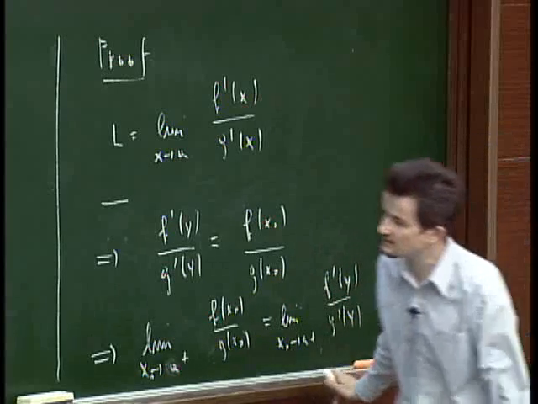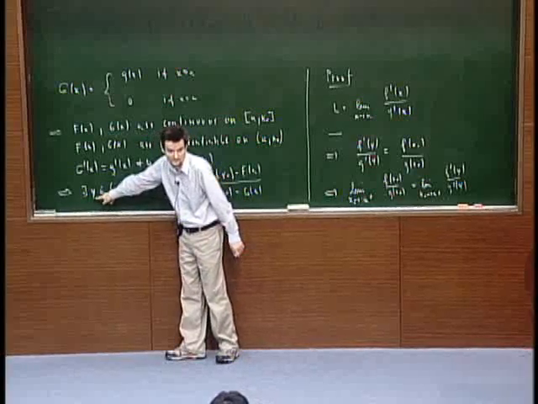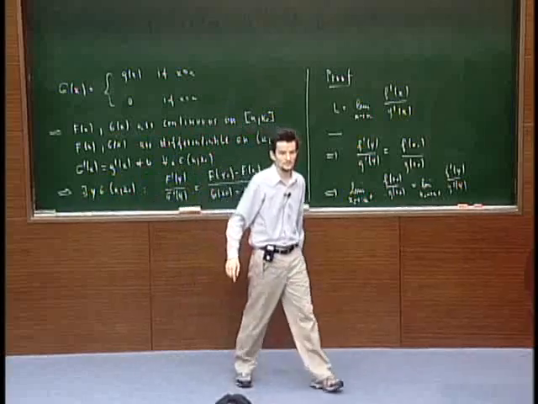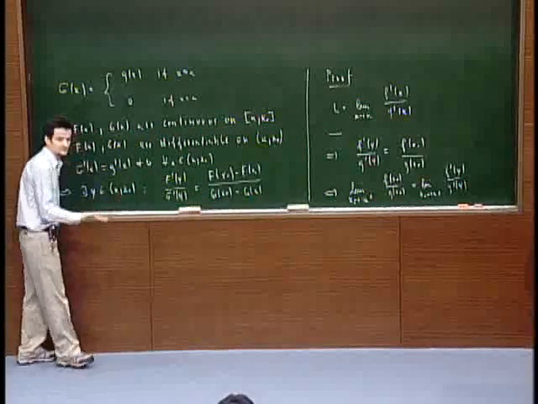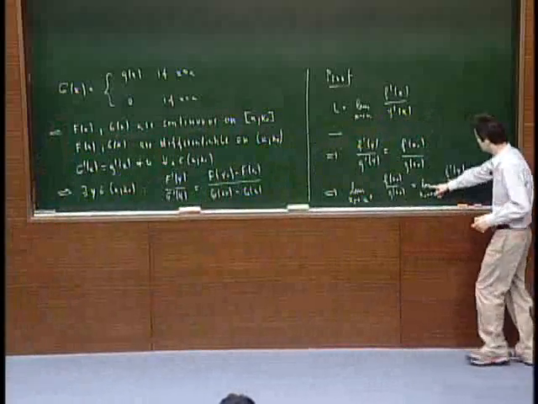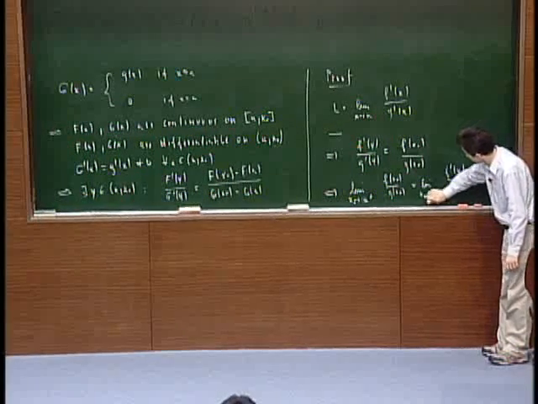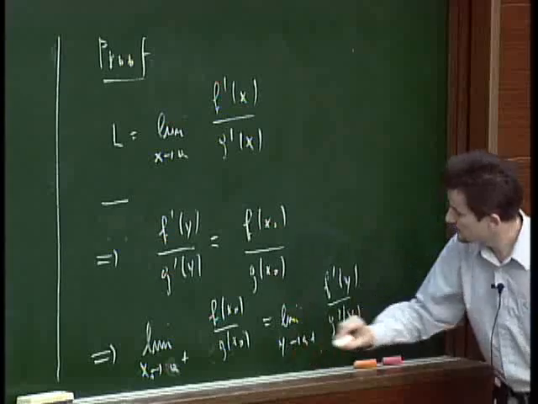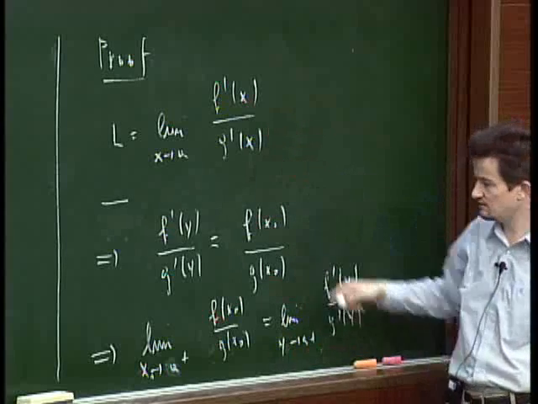Now you see, as x0 is moving to a, the y is moving to a as well, because the y is between a and x0. So this means that you can replace the x0 tending to a by y, but this limit here by assumption exists and is equal to L.